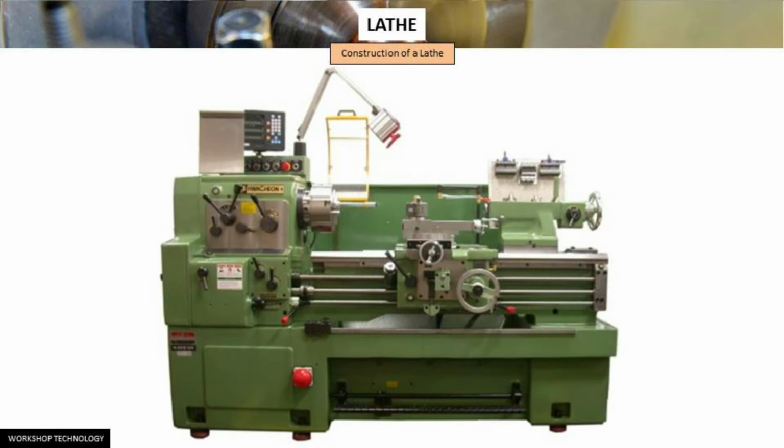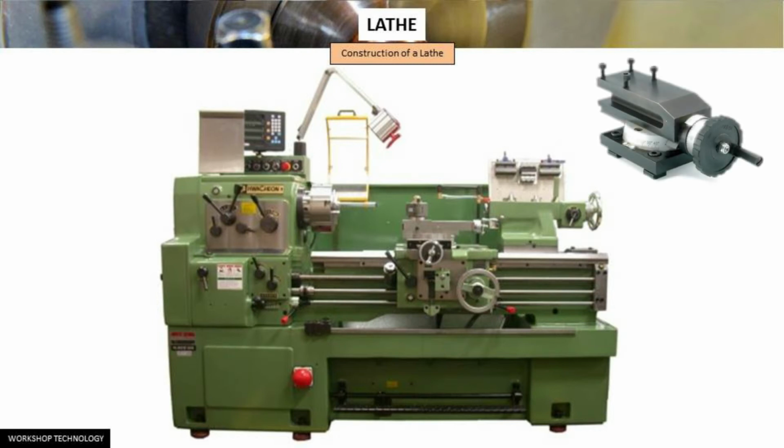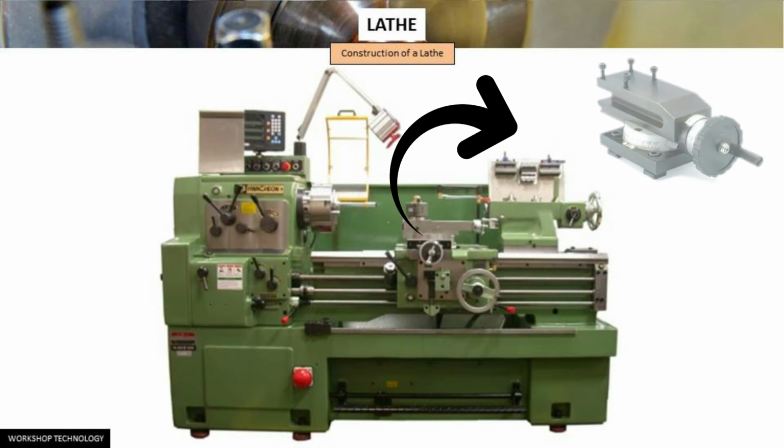The cross slide is mounted on the carriage, which generally travels at right angles to the spindle axis. On the cross slide, a saddle is mounted in which the compound rest is adjusted, which can rotate and be fixed to any desired angle.